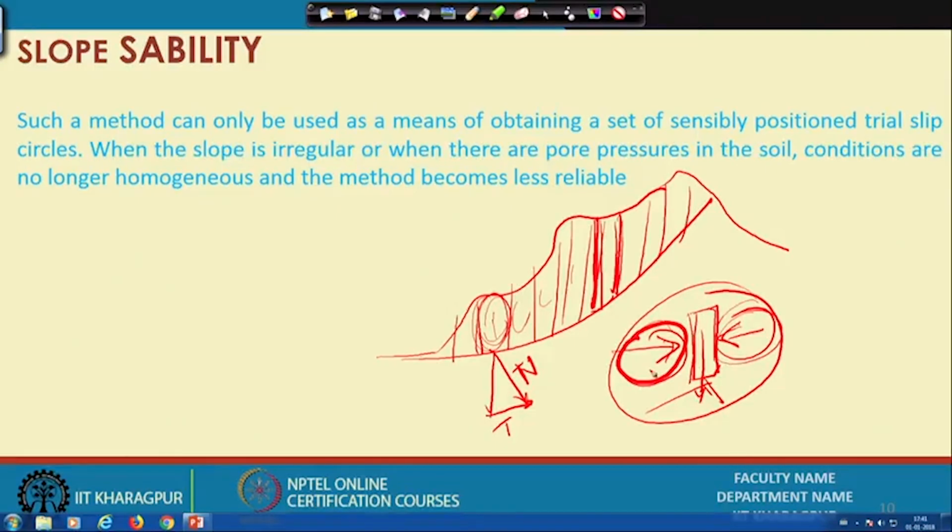Finally their concepts are programmed, and a number of software packages are now available to do slope stability analysis. Whatever the slope may be, whether it is regular or irregular, whatever the height, whether there is water flowing or it is dry, whether it is partially saturated, any condition you have, we can program it and get the final factor of safety.